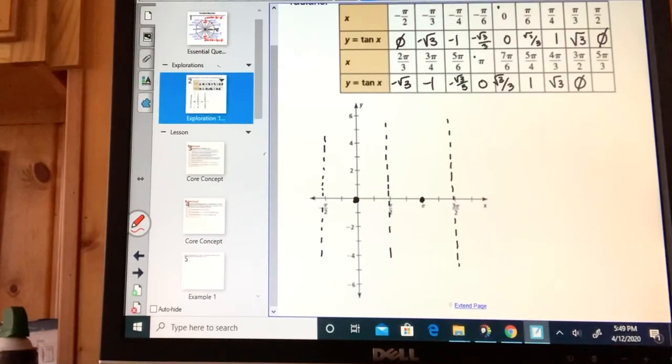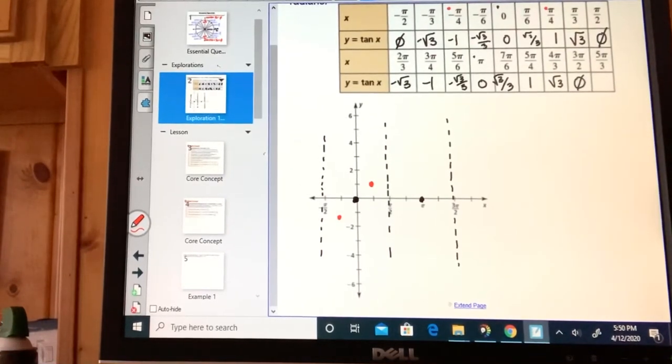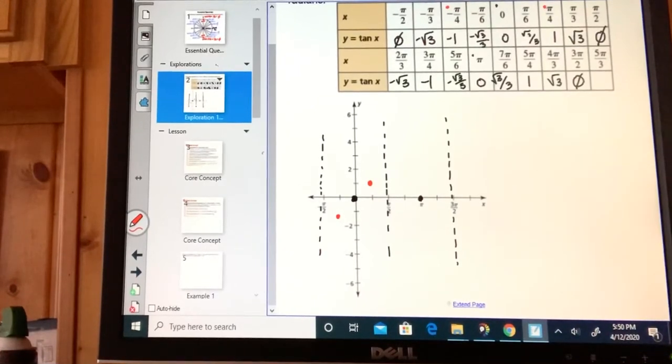So the ones I'm going to graph that I know for sure are the pi over 4s, because I know pi over 4 is 1, and I know negative pi over 4 is -1. So if this is what the graph looks like, and I know it's going to approach the asymptote, all I have to do, let's go like this.